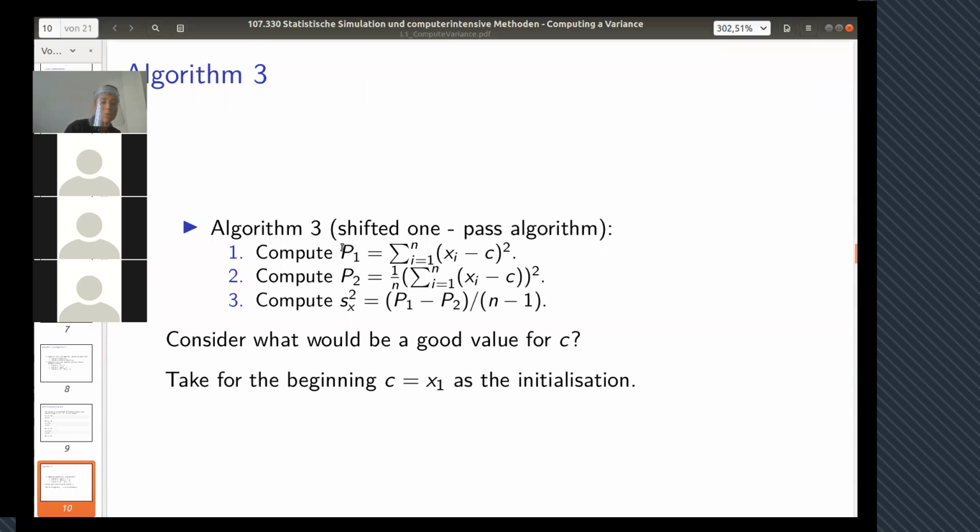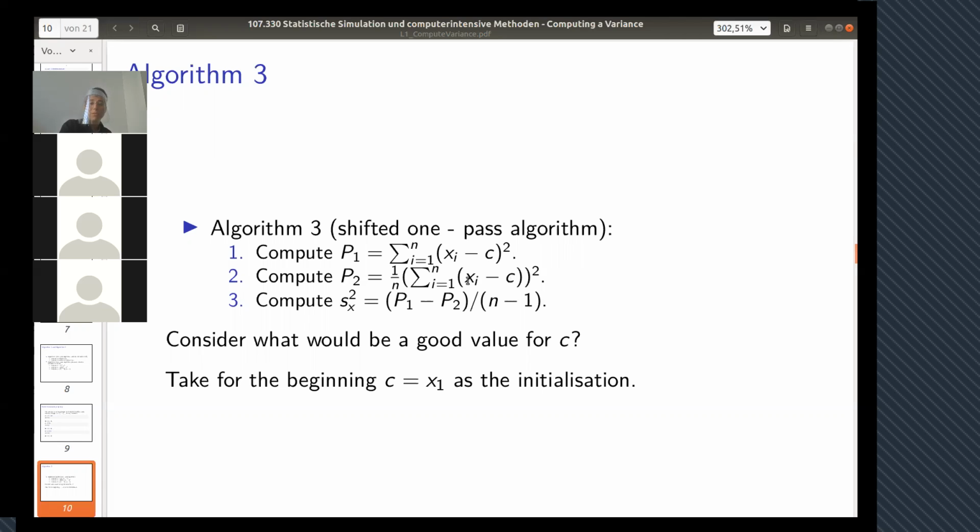Therefore, we will use as a third algorithm for this comparison the shifted variance calculation. We will use, instead of the original points, the points shifted by some constant c.